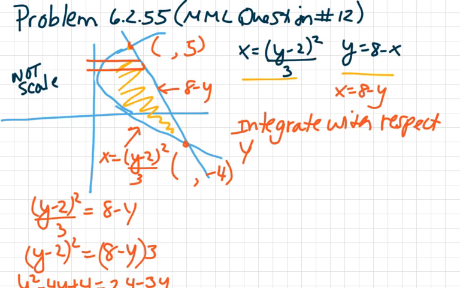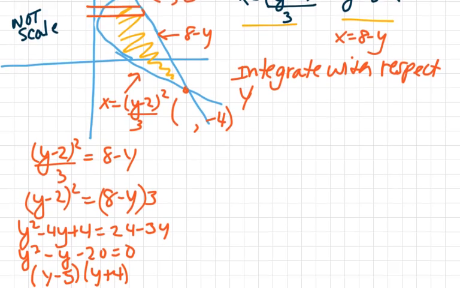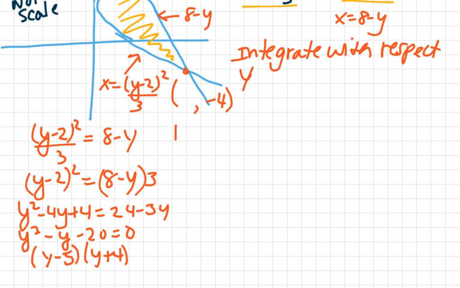So all you need to do is substitute back into one of the equations, and the easiest one is to substitute y equals negative 4 into the equation x equals 8 minus y, which is 8 minus a minus 4, which is equal to 12.